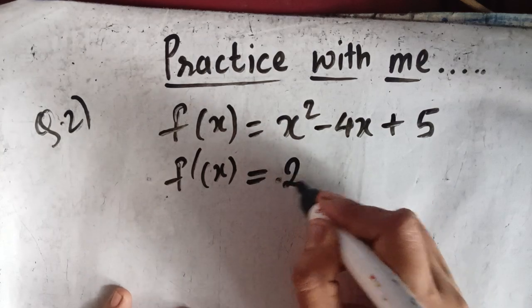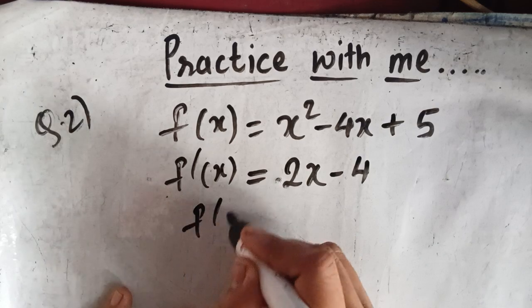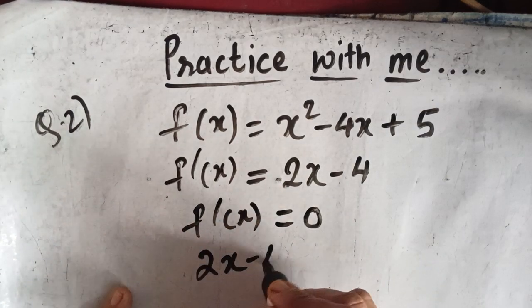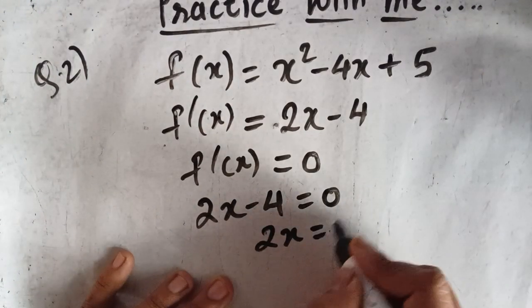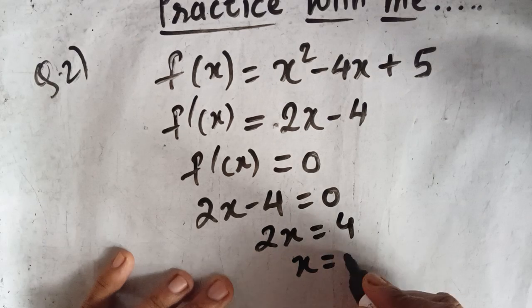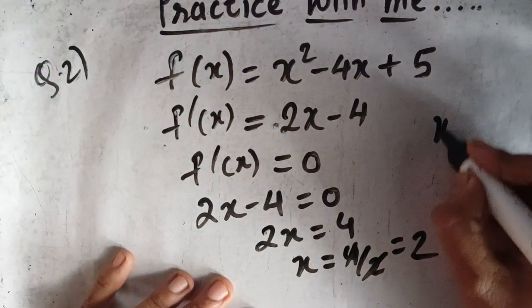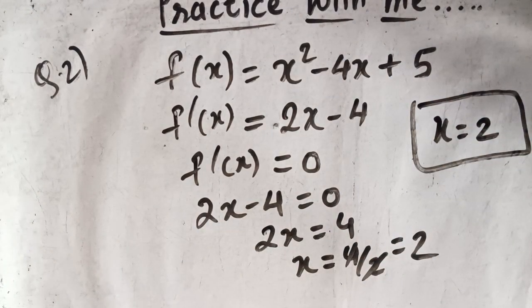The derivative is 2x minus 4. Then you put this equal to 0, so 2x minus 4 is equal to 0. This is 4 by 2, which is 2. So x equal to 2; we are getting only one number.